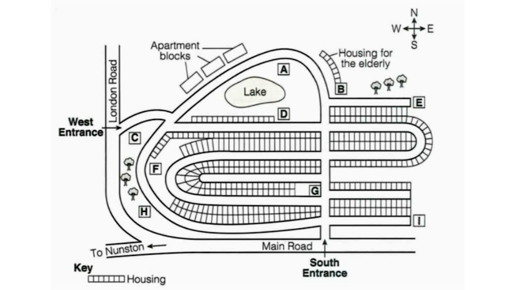Okay. There'll be a clinic where residents can go if they have any health problems. Can you see the lake towards the top of the map? The clinic will be just below this, to the right of a street of houses. Where's the clinic? The clinic is D. Okay.